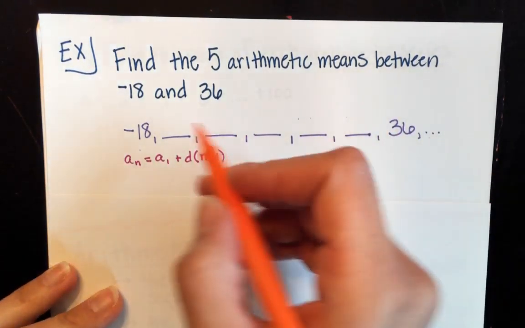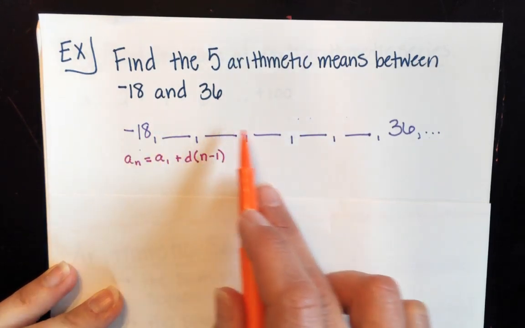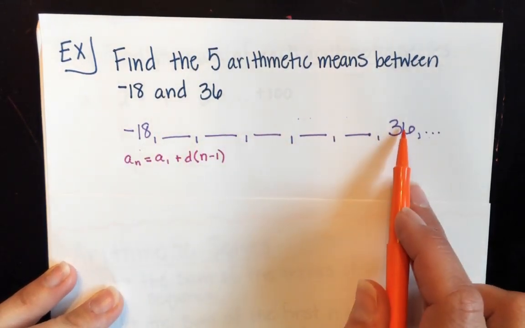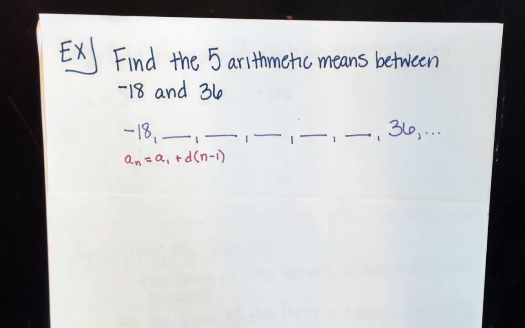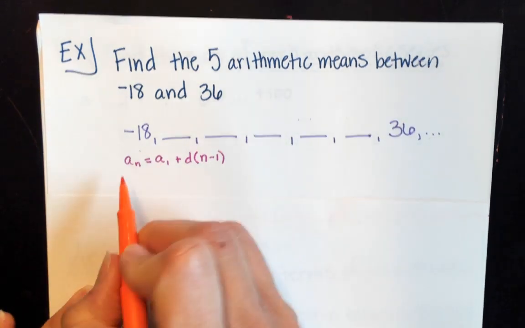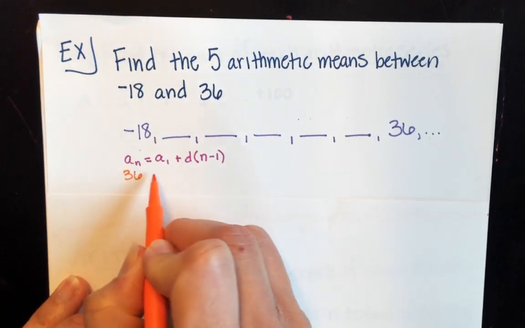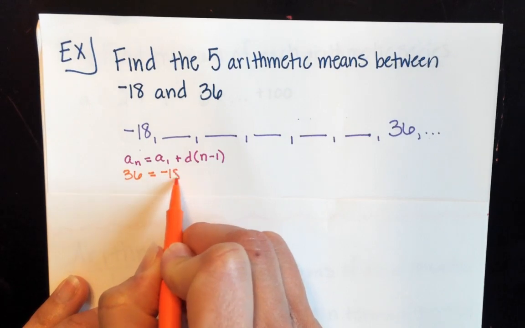So that's why we would have 1, 2, 3, 4, 5, 6, 7. Or you could say there's 6 moves, however you want to plug that in. So here, we know 36 is our nth term.